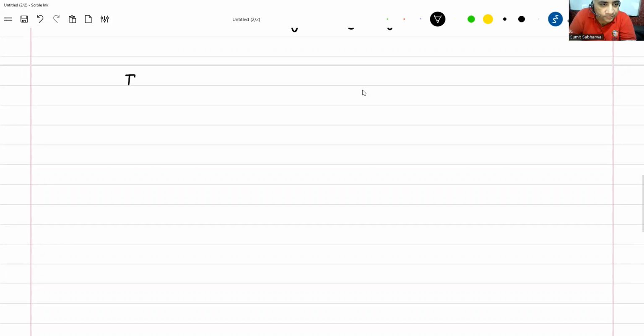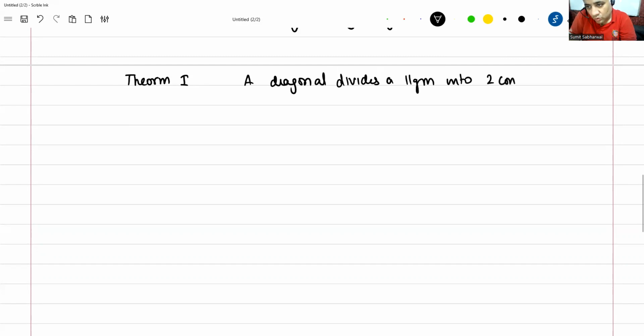Theorem 1 clearly says that a diagonal divides a parallelogram into two congruent triangles.